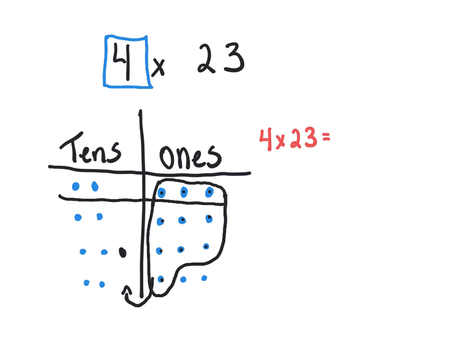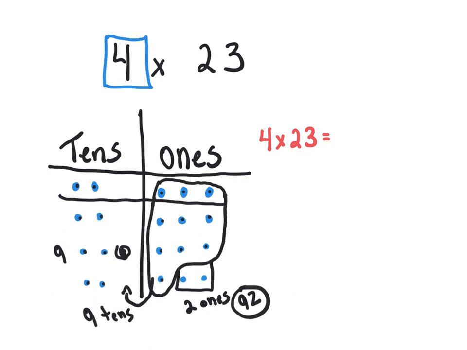So now we're left with 2 ones and how many tens? 1, 2, 3, 4, 5, 6, 7, 8, 9. We have 9 tens over here. So this is 90. This is 9 tens, which is 90, and we have 2 ones. So it looks like this one would be equal to 92.